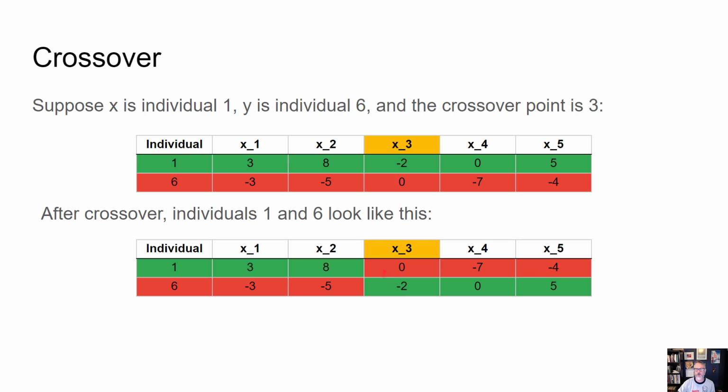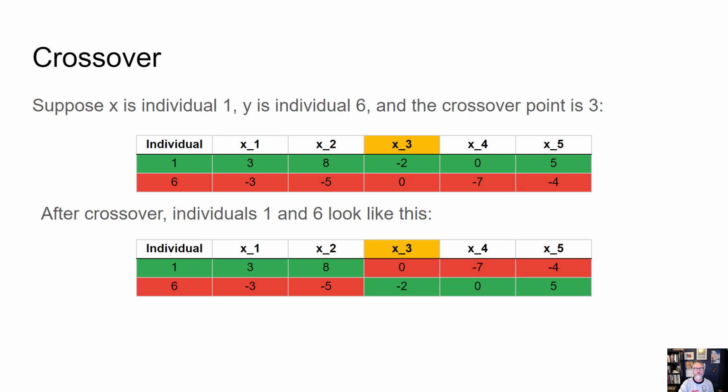Just the genes between these two individuals have been swapped. So note that the crossover doesn't produce a child while leaving the parents unmodified. In this situation, a crossover actually produces 2 new individuals that alter the originals, okay? So you just follow that algorithm, and this is the result.